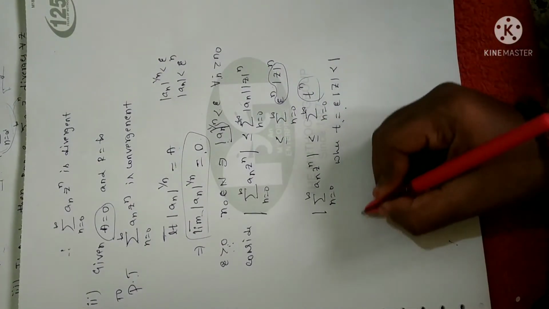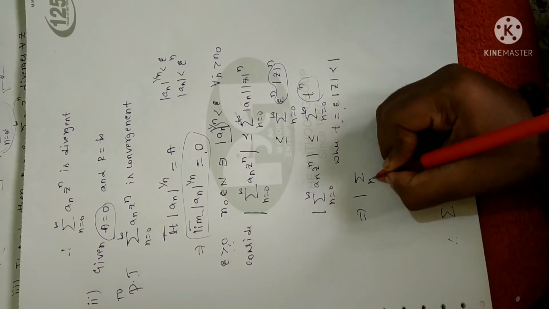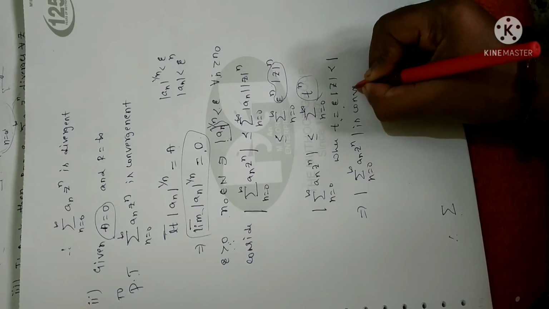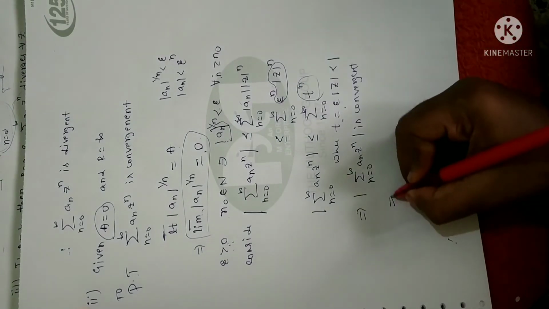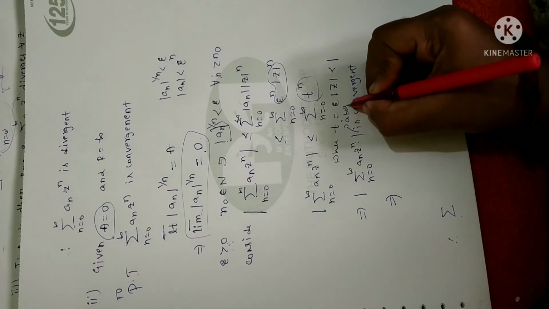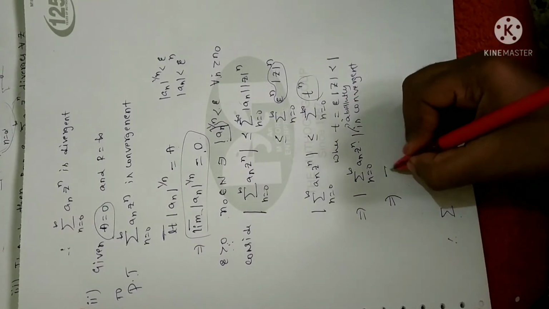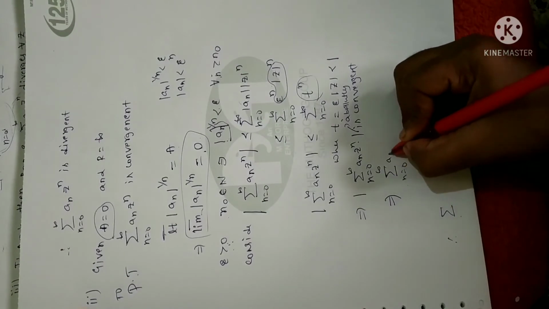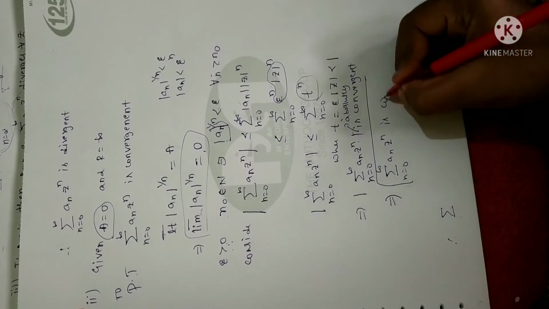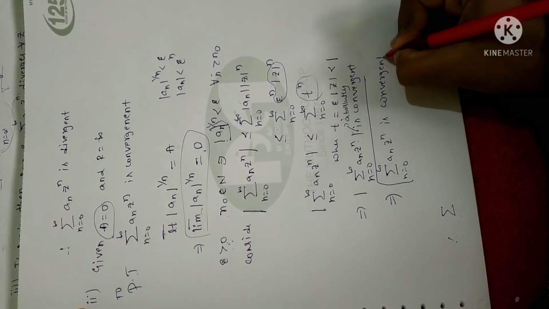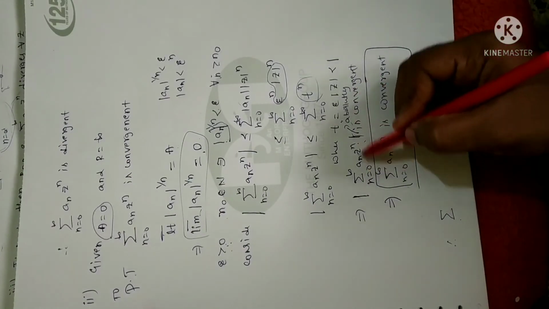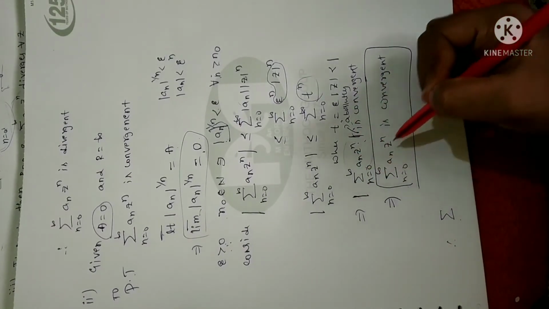This implies magnitude of summation n is equal to 0 to infinity an into z power of n is convergent, meaning it is absolutely convergent, because we have the absolute value here. If it is absolutely convergent, we can say it is convergent. Just by removing the absolute sign, I have written that this is convergent. Absolute convergence, I have written in a sentence format, so I can write that the term inside the absolute value is convergent.